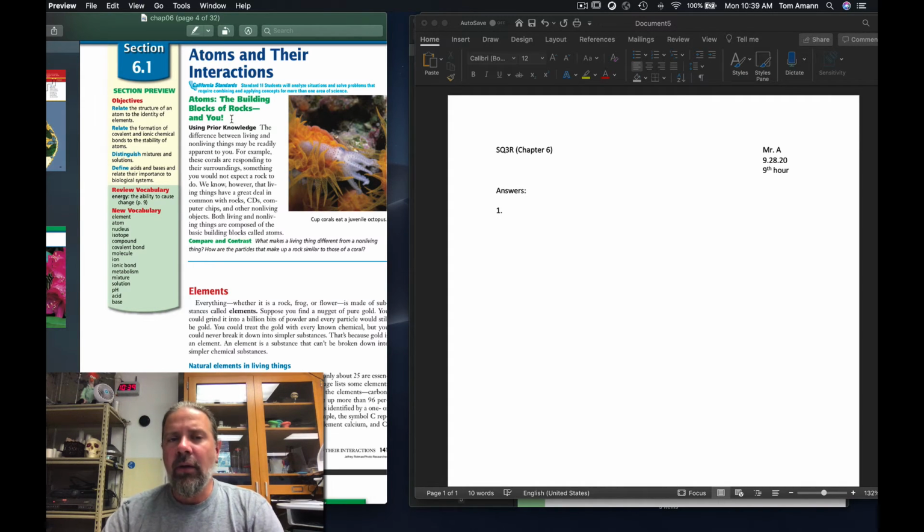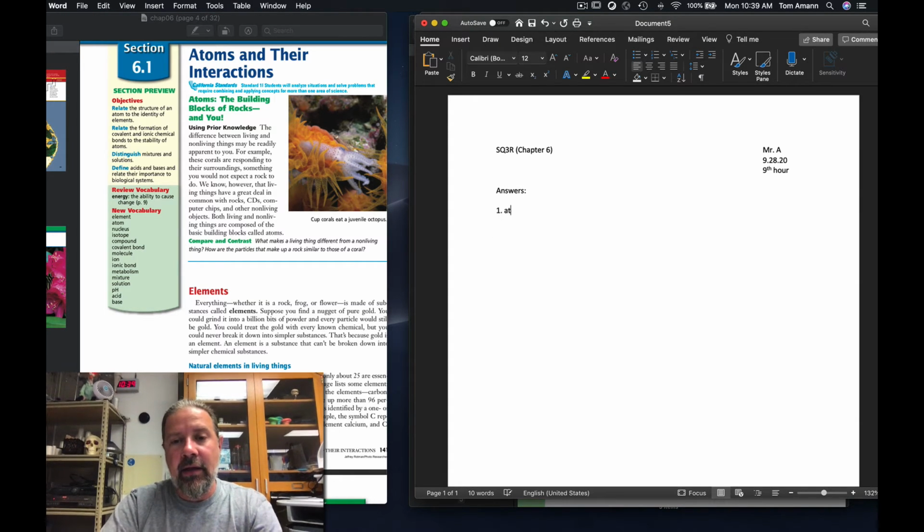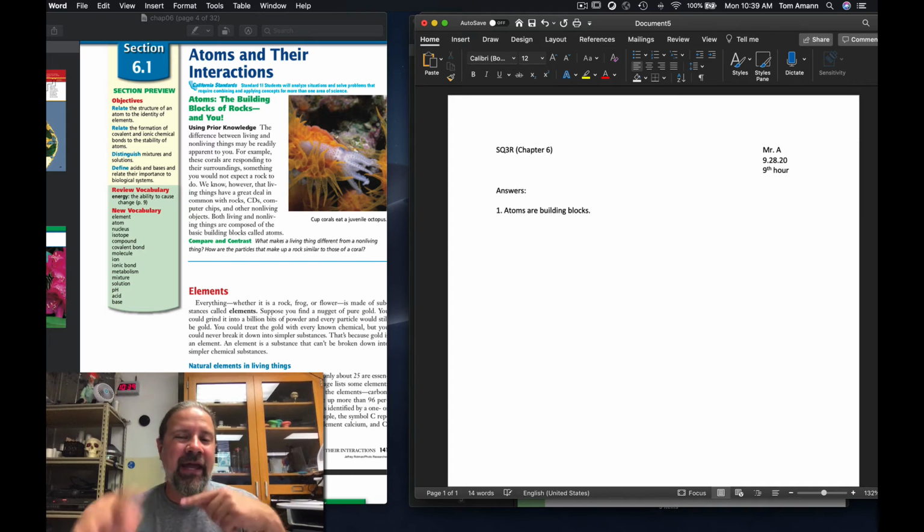So I already know that an atom is some kind of building block, but just saying an atom is a building block of rocks and myself may not hit everything you want it to, but we could start there. We could say atoms are building blocks. I'm going to guess that later we can add to this one, because I remember seeing a whole section on atoms that comes later, because I can always revisit this answer here. So for now, they're building blocks.